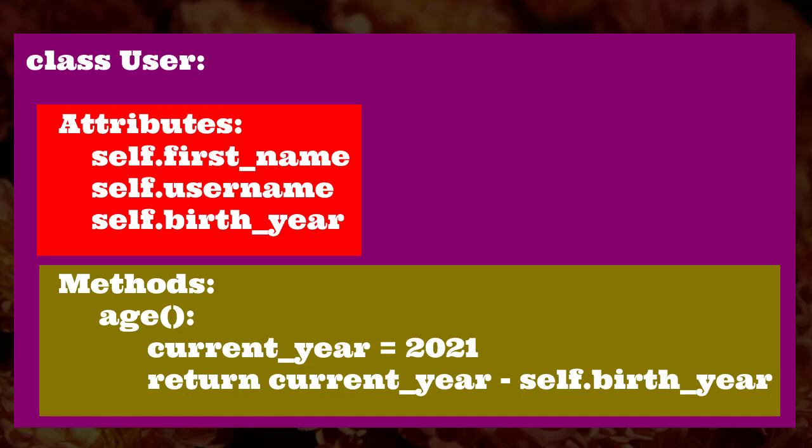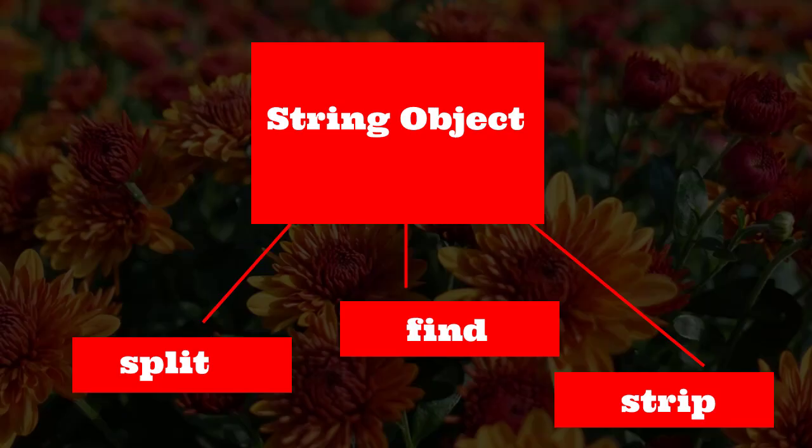But the important thing we have here is that we have everything together in a single place. We have all sorts of variables we want for that specific model, and also we have all the functions we need for that model. A very amazing thing here is that everything in Python is object. Basically, when you use a variable, for example, a string variable, it's basically an instance of the general string class.